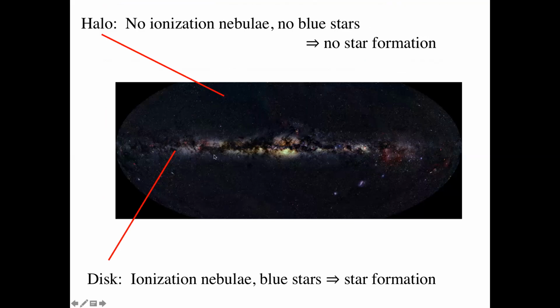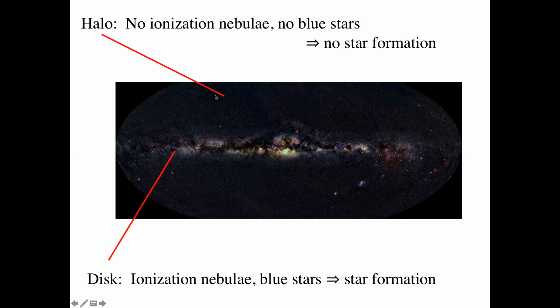All of the present star formation happening in the Milky Way galaxy is happening in the disk of the galaxy. There is none in the bulge. You notice there was no apparent thickening of the disk in terms of neutral hydrogen in the center of our galaxy near the bulge. It just basically was a straight line all the way across, and there was nothing in the halo. And that means that all the star formation is happening in the disk of the galaxy, and no star formation is happening in the halo of the galaxy.